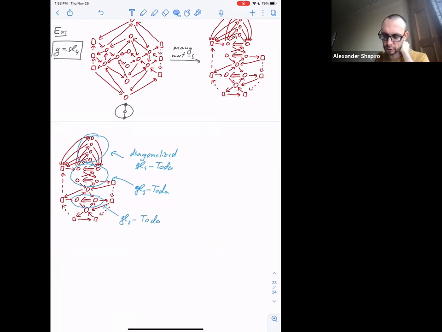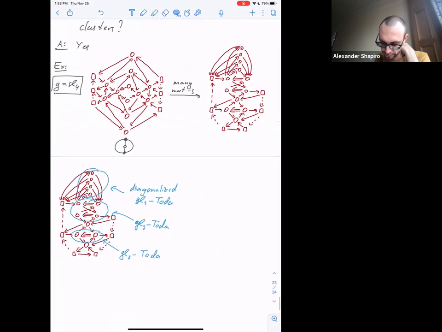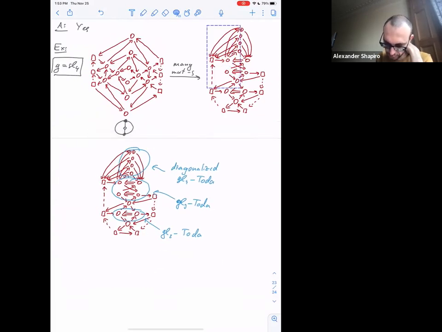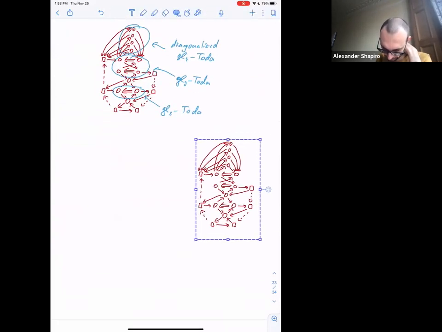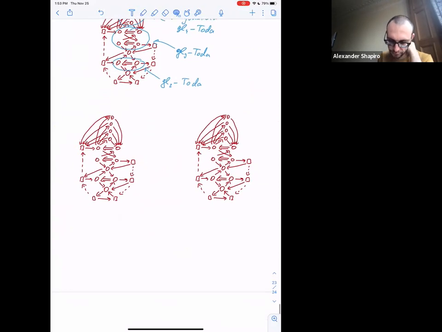Now, how do you see quantum groups living inside one another? If you wanted, for example, to put UqSL3 inside UqSL4, how would you do that? Let me do it once again. I'll copy this quiver. What you will have to do is take this GL3 Toda and diagonalize it.